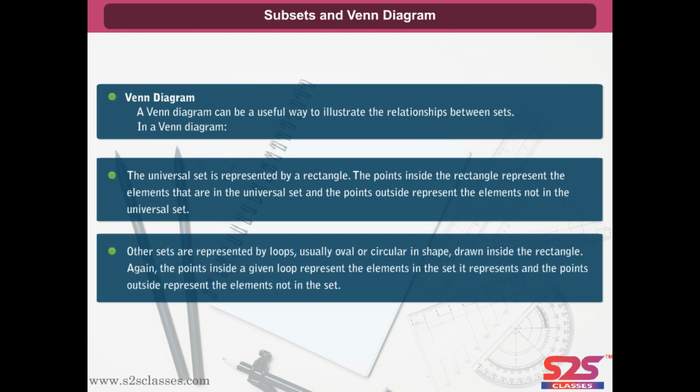Other sets are represented by loops, usually oval or circular in shape, drawn inside the rectangle. Again, the points inside a given loop represent the elements in the set it represents, and the points outside represent the elements not in the set.